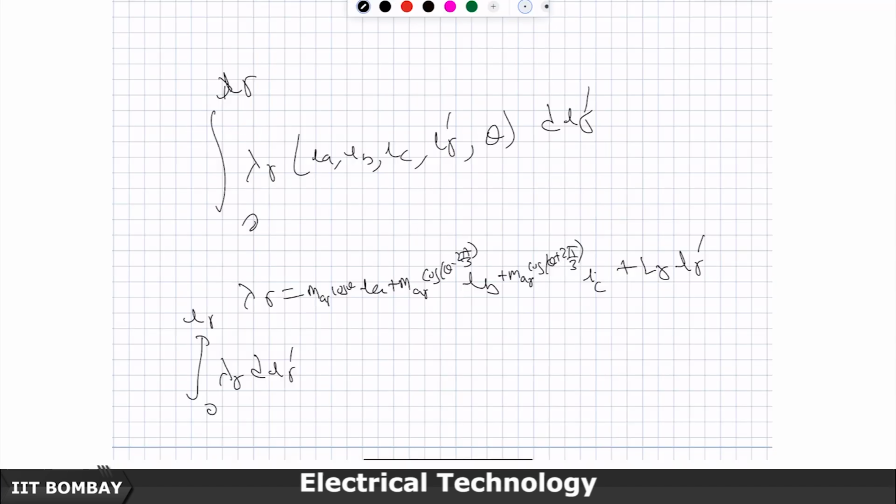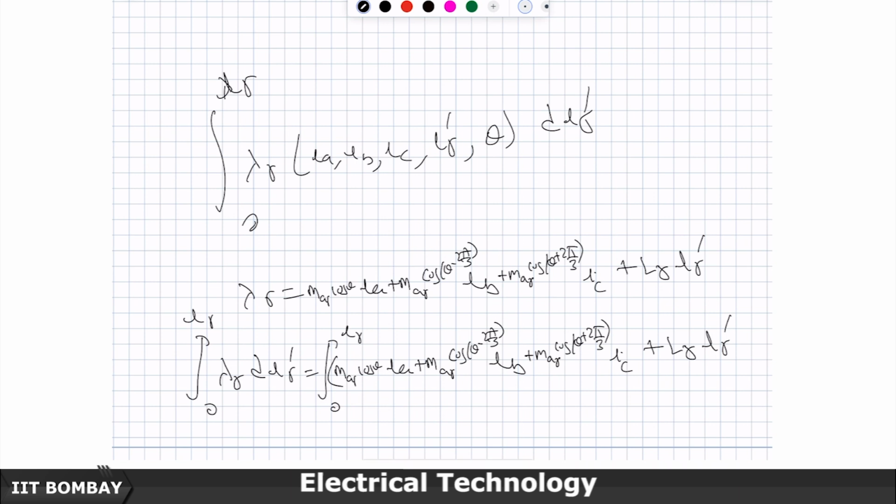So I have to copy and paste this here and integrate it from 0 to IR with respect to dIR dash.